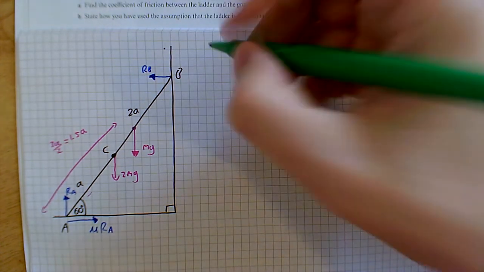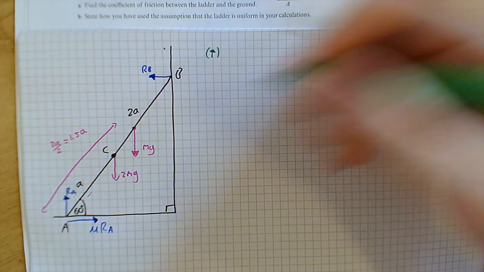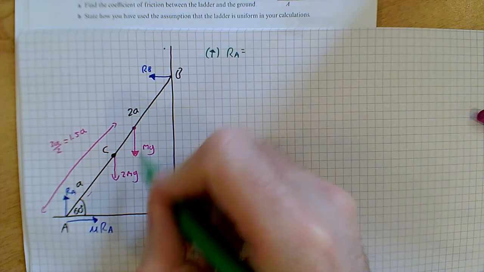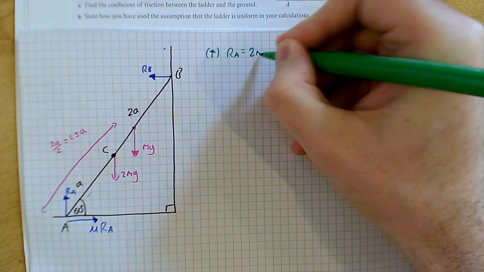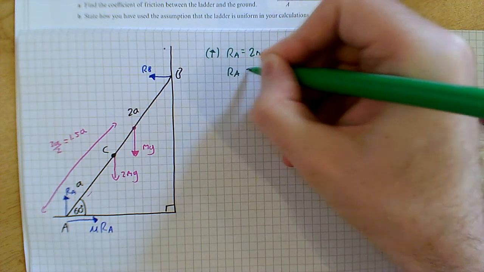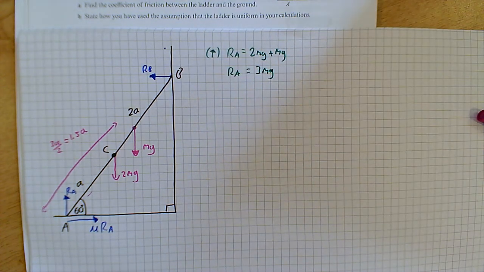So if we start by resolving vertically, we've got RA is equal to 2mg plus mg. So RA is 3mg. Certainly going to be useful there.